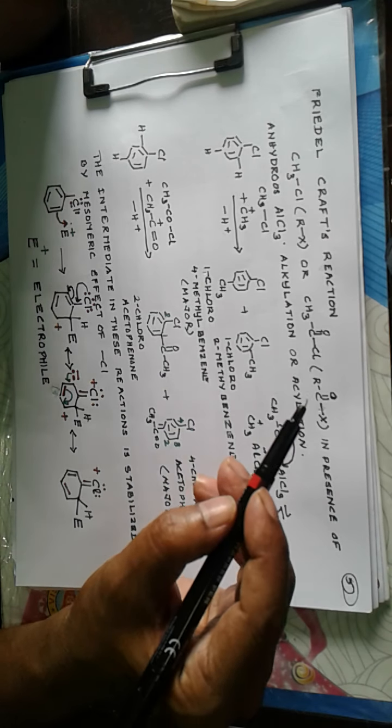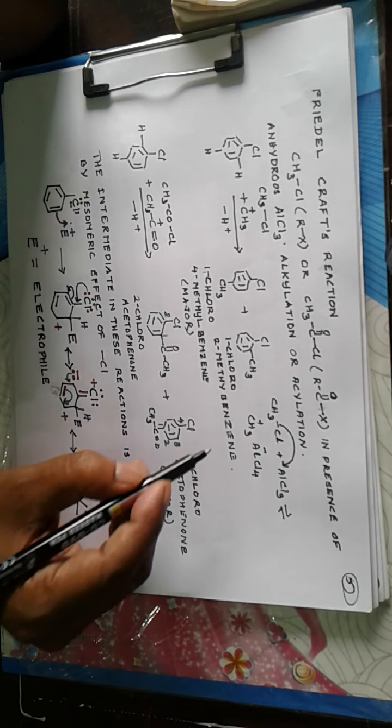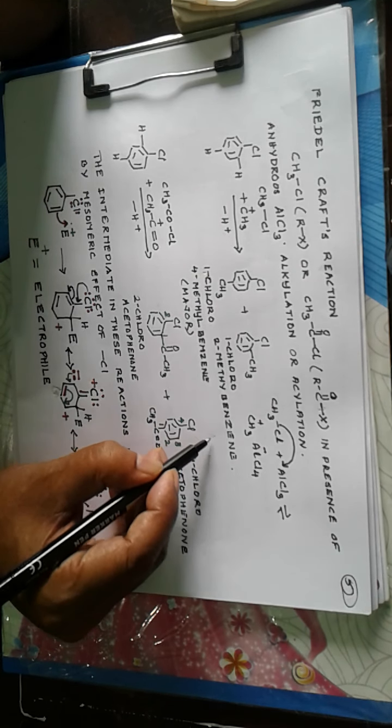Now acylation, there the electrophile is CH3CO positive or acyl cation.